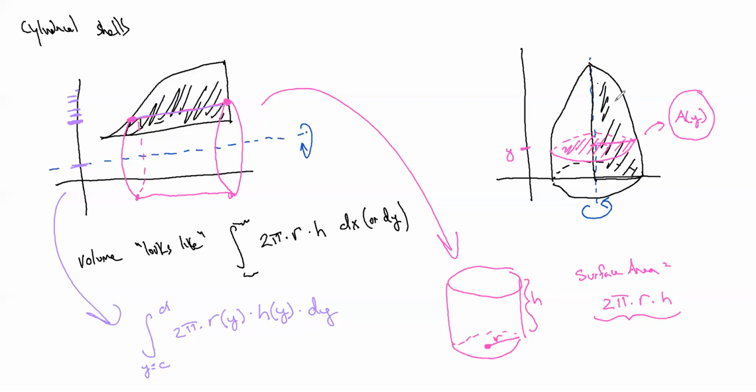Or I can choose a specific x value, like this, and create this line, which, when revolved, creates this cylindrical shell right here.